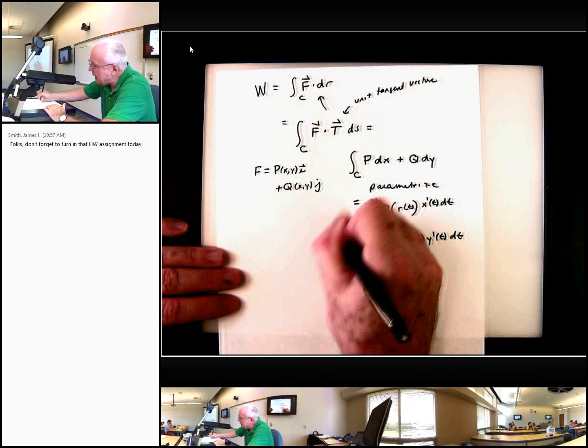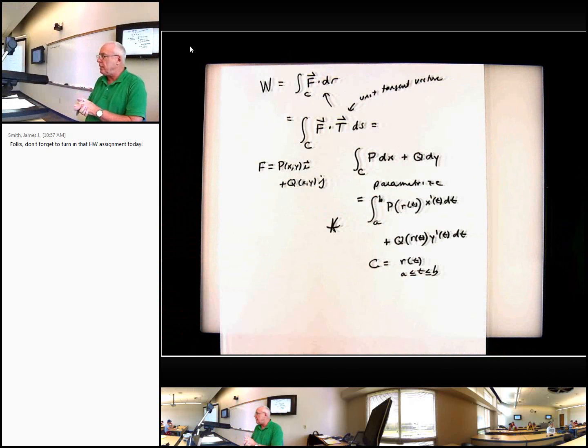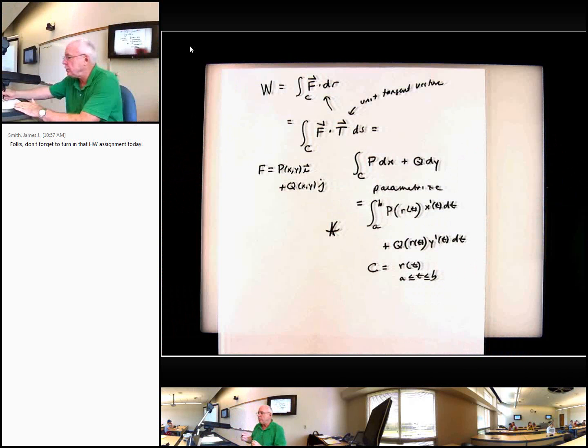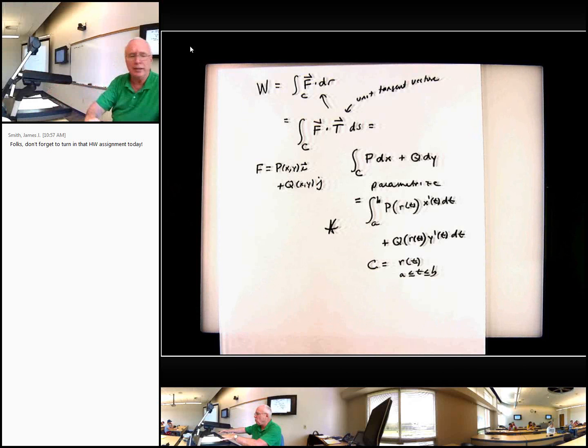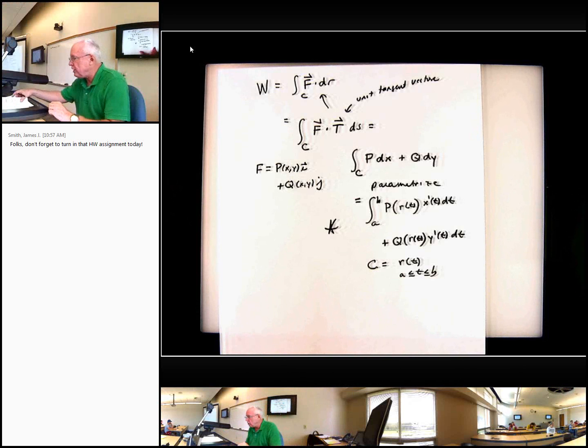And I know that I had told you guys to asterisk this the last time, because we have to have a parameterization in order to evaluate a line integral. Okay, so I just put a whole lecture right there on half of a page for you folks who missed it. What I want to show, though, next is this.